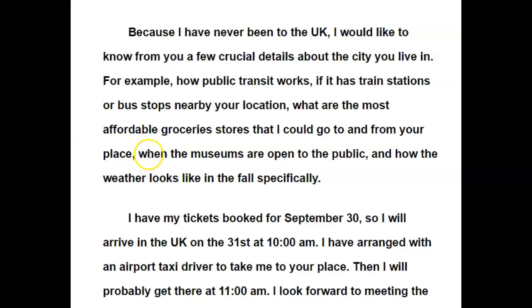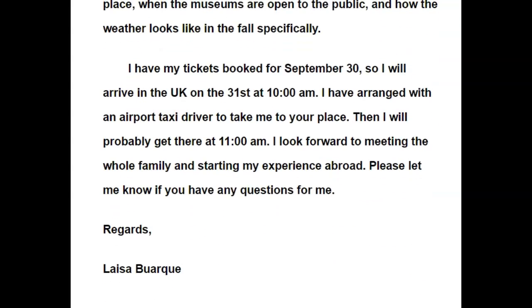Furthermore, I am interested in learning when the museums are open to the public and what the weather is in the fall specifically. Okay. So again, changing certain things around there in order to make it grammatically correct and more formal.